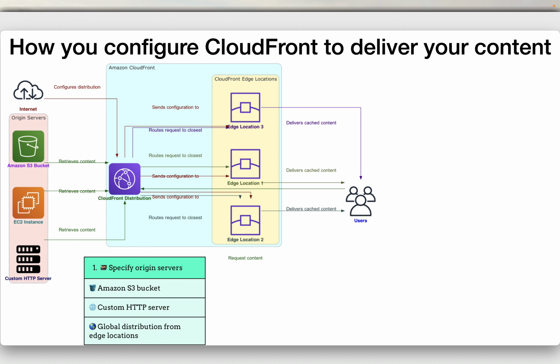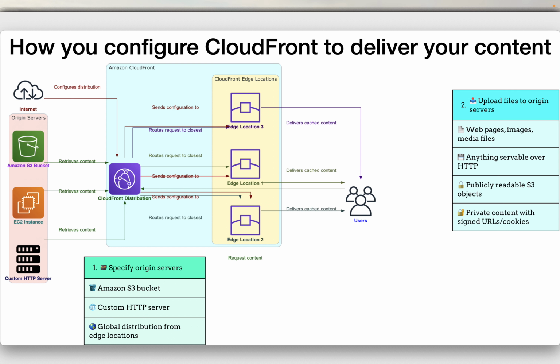An origin server stores the original definitive version of your objects. If you are serving content over HTTP, your origin server is either an Amazon S3 bucket or an HTTP server such as a web server. Your HTTP server can run on an Amazon Elastic Compute Cloud EC2 instance or on a server that you manage. These servers are also known as custom origins.